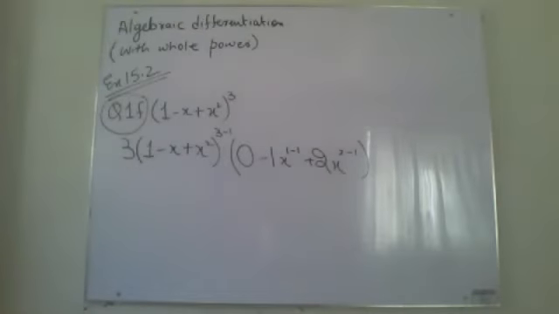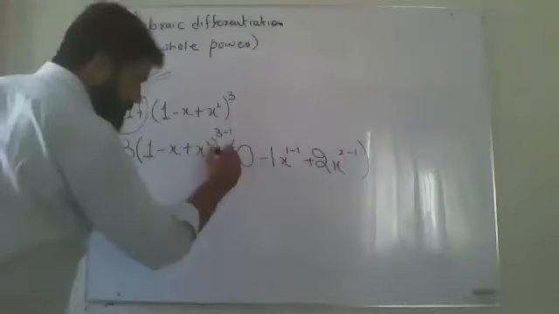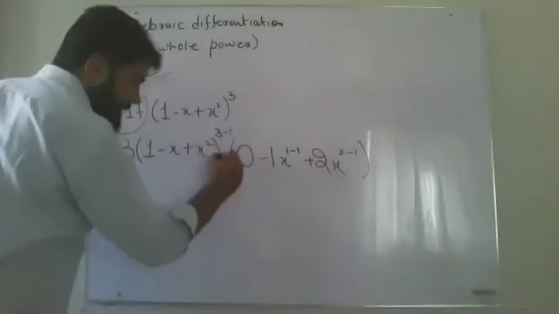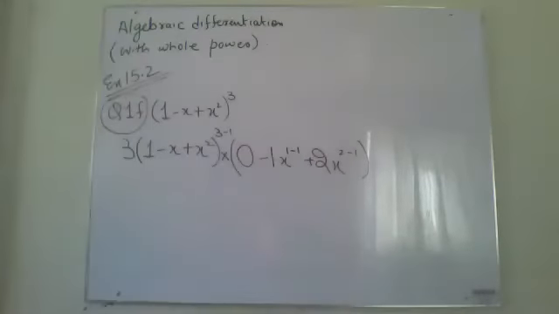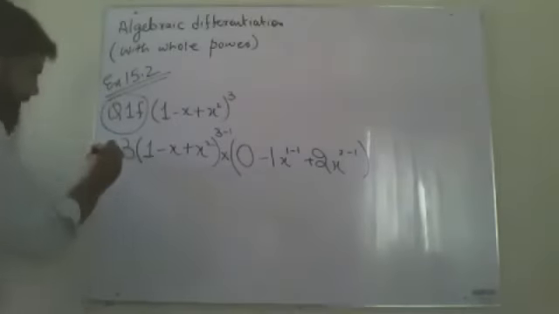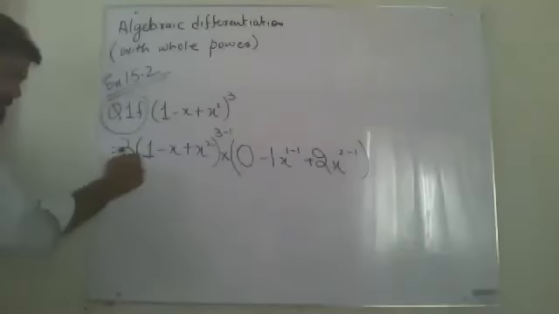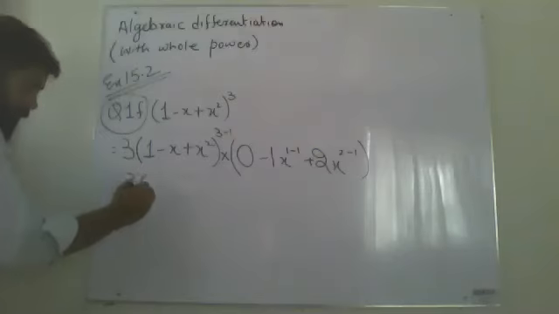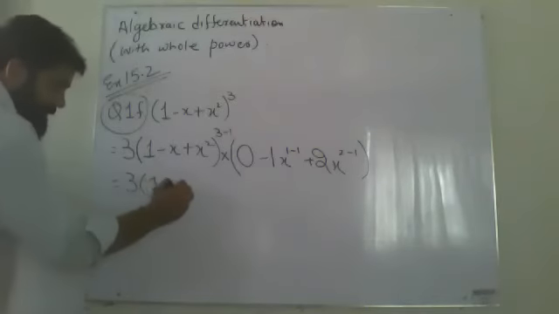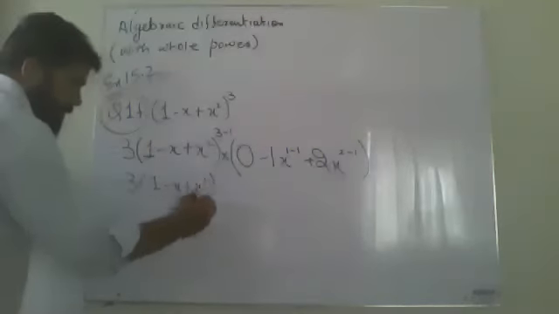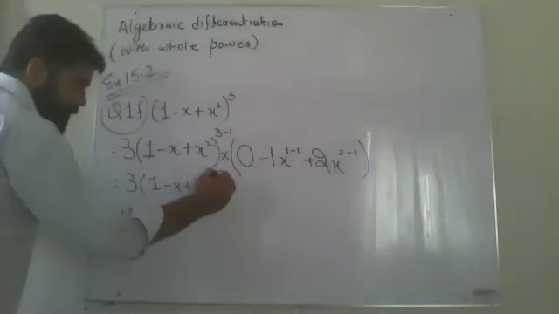The most simplified part. And the last step says multiply both differentiations. Okay. So I have just put in a multiply sign over there. I'm not multiplying it. I have just put in a multiply sign over here. So what will be the final thing? Simplifying this, 3, 1 minus x plus x square, 3 minus 1 will be 2.